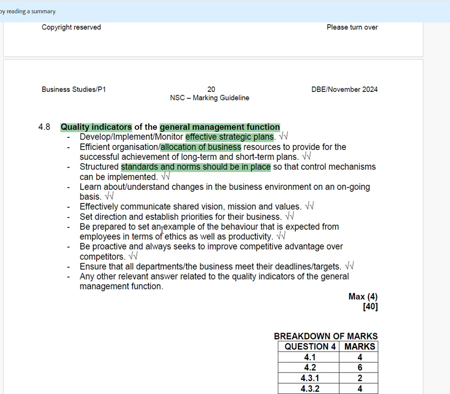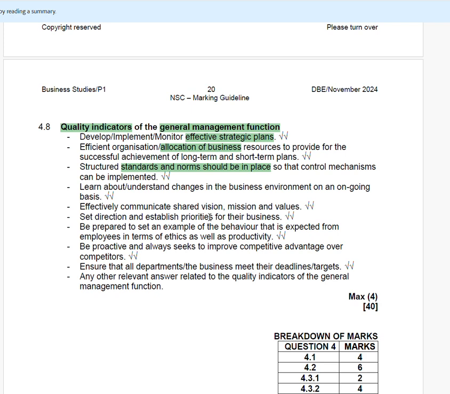Set a direction and establish priorities of the business. Priorities should be ranked. The business should know what it wants to achieve in the short run and what it wants to achieve in the long run. And prioritize in terms of fulfilling those plans. So the short-term goals we all need to be striving to achieve in the organization.